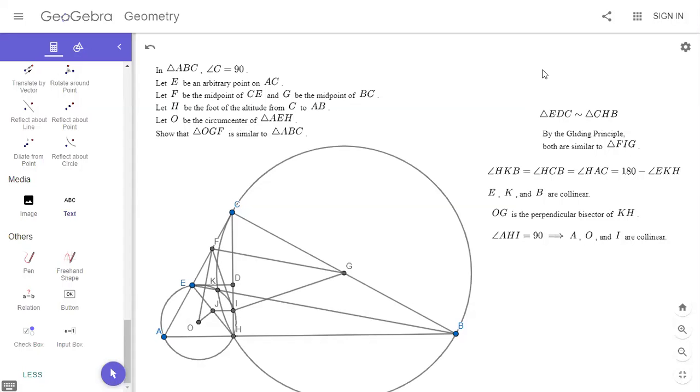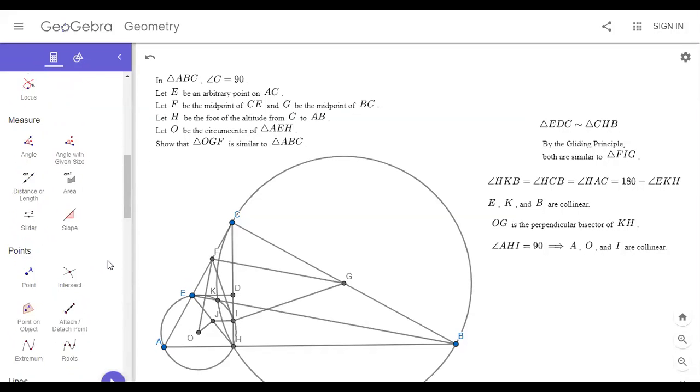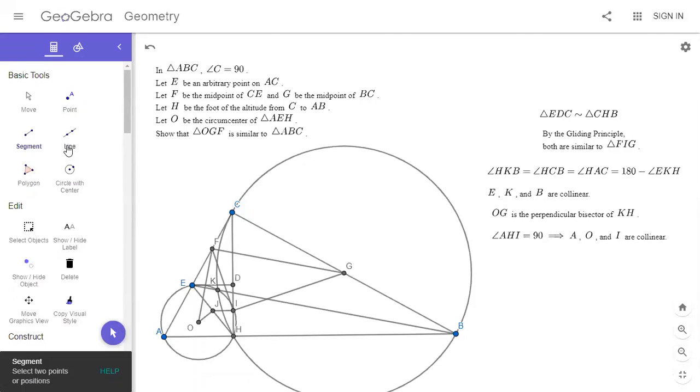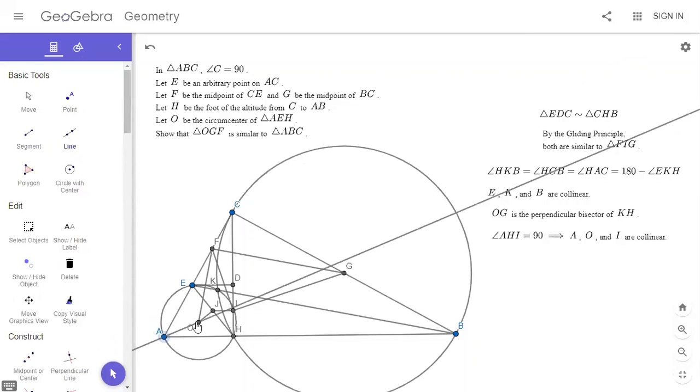Yeah, I think A, O, and G are not necessarily collinear, because the circumcenters of triangle ABC and triangle AEH don't necessarily have to be collinear with line AOG, which you are claiming to be collinear.